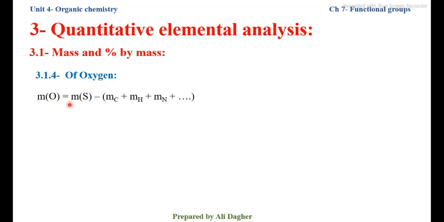Then mass of oxygen equals the total mass, which is the mass of the organic substance, minus the mass of other elements: carbon, hydrogen, nitrogen, and other elements if we have them. Likewise, the percentage by mass of oxygen equals the sum of percentages, which is 100, minus the sum of the percentages of the other elements: percent carbon, percent hydrogen, percent nitrogen, and so on.